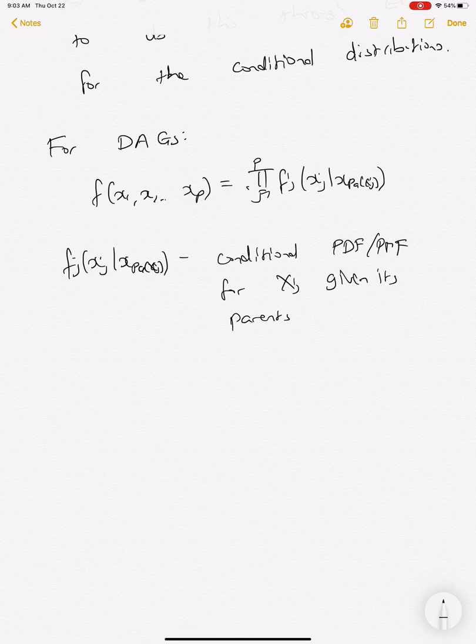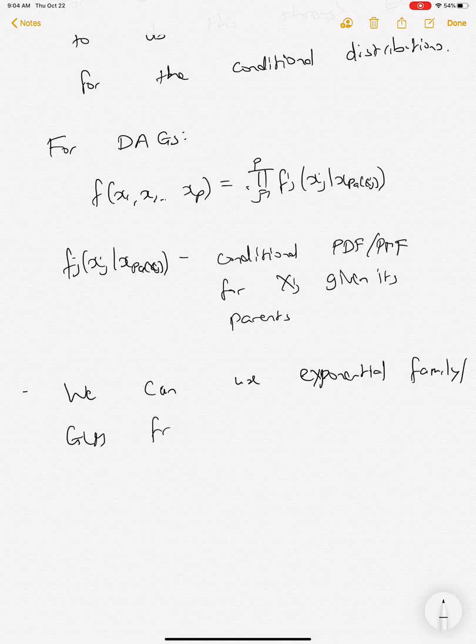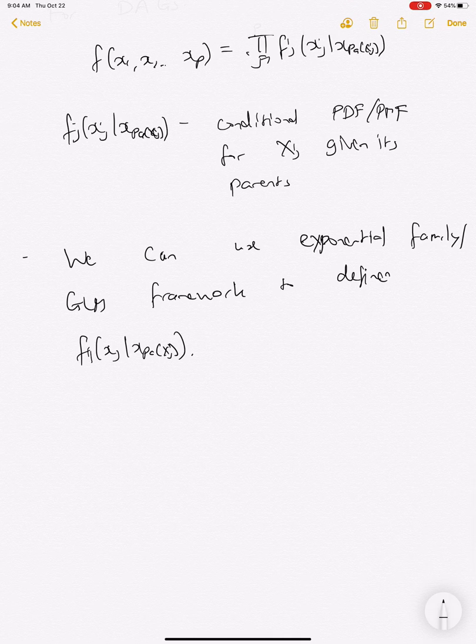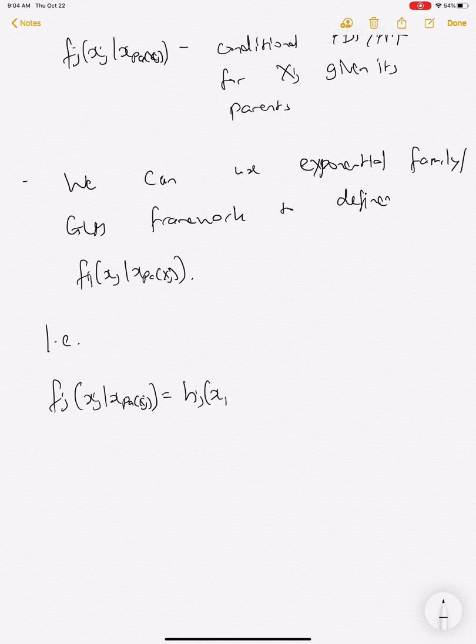And so we can use the exponential family GLM framework to define this. This allows you to just use what we know about exponential families or GLMs, where the response is xj, and then the covariates or features are the parents of xj.